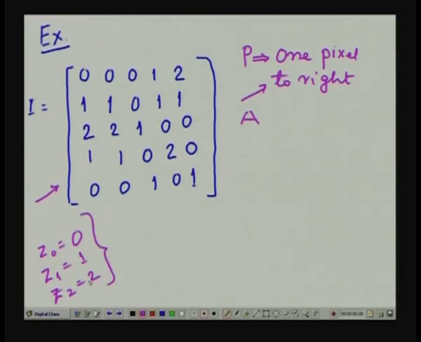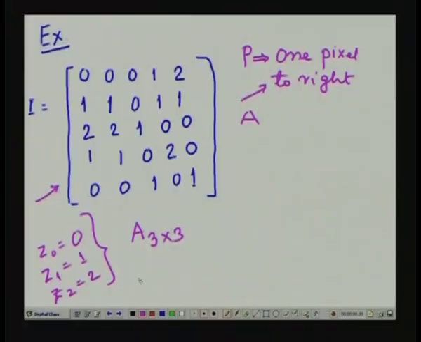So, the matrix A that we calculate will be of dimension 3 by 3. Now, following this position operator, I have to get the pairs of pixels, compare them, and count how many times each pair of intensity values appears within our given image.